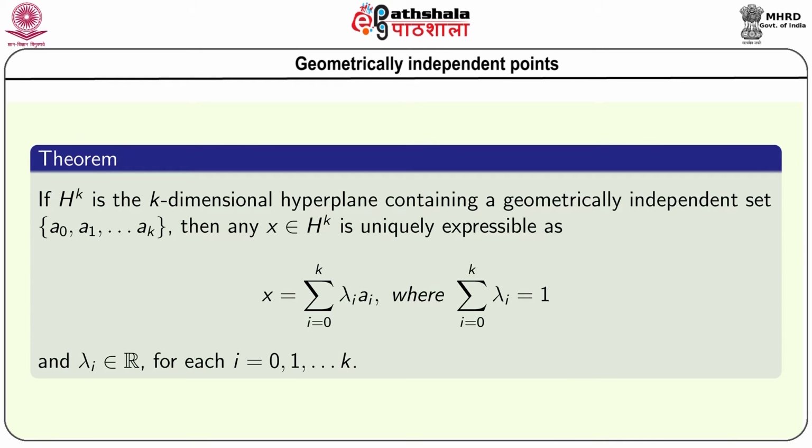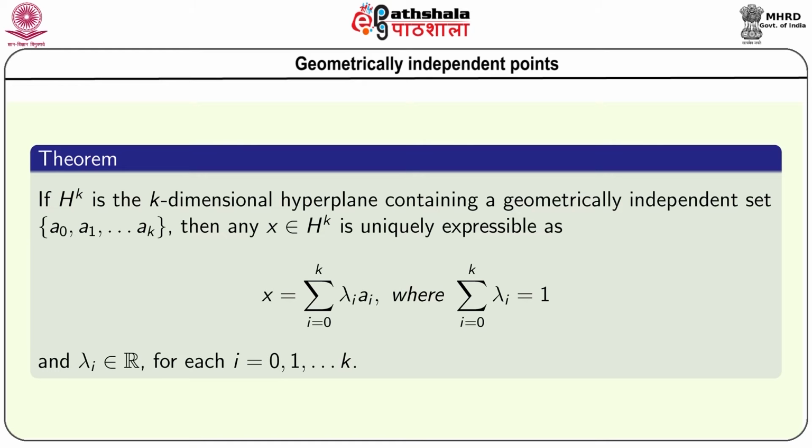Now, we get a theorem which gives us the expression for the members of Hk. If Hk is a k-dimensional hyperplane containing a geometrically independent set A0 to Ak, then any point x belonging to Hk is uniquely expressible as summation lambda i Ai, i equal to 0 to k, with summation lambda i, i equal to 0 to k, equal to 1.